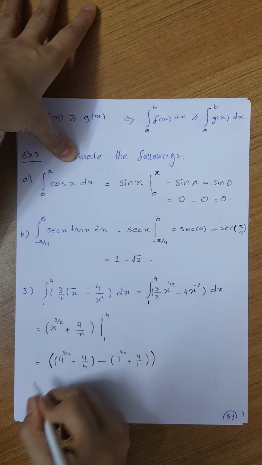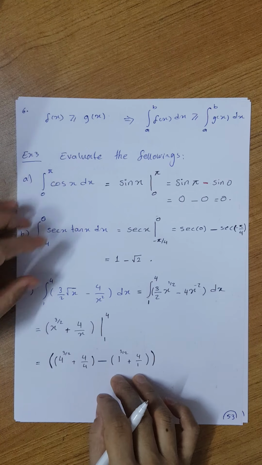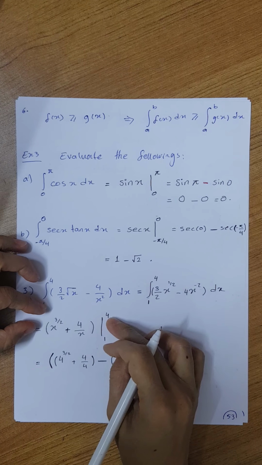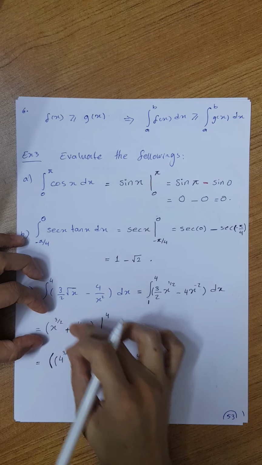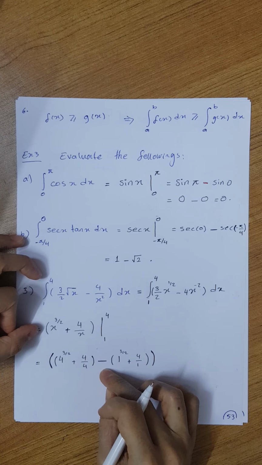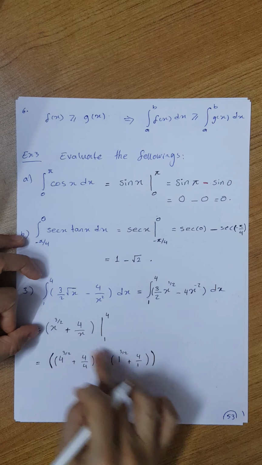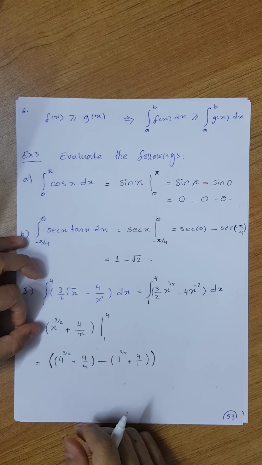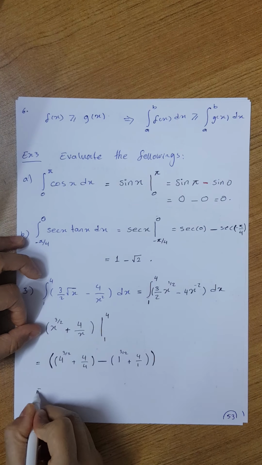Look, that's a big bracket. In the big bracket, what do I have? I am first inputting 4 into that function, I will get this one. Minus is from the rule of definite integration, and then I'm putting 1 into that function, and I will get this one. It's calculated in your course material.